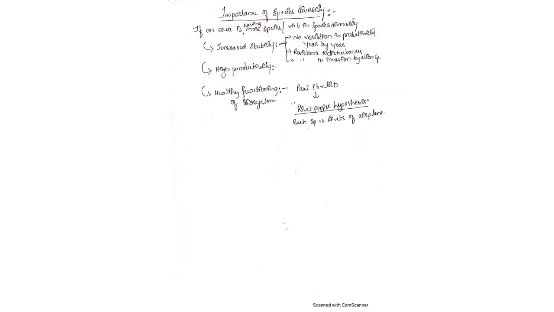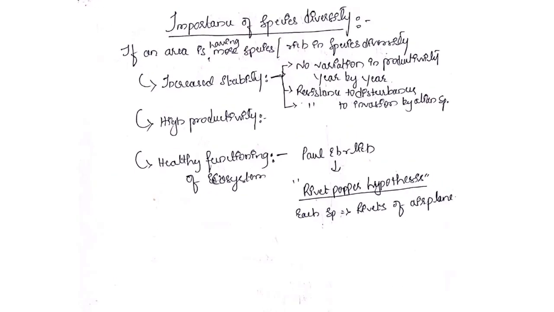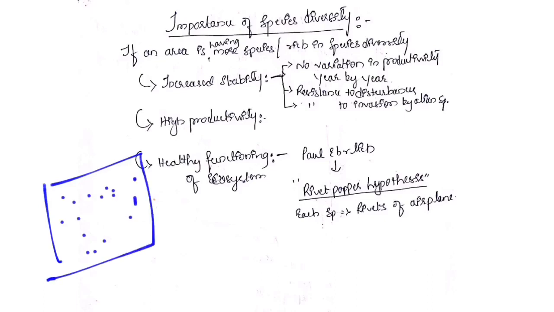Okay, then the next one is importance of species diversity. Why should an area or habitat have more number of species? If an area has more species, it increases the stability of the habitat. There is high production within the habitat.